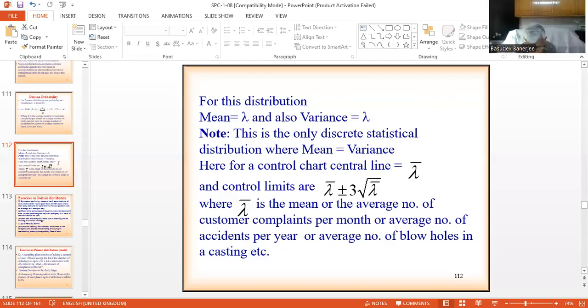Similarly, for Poisson distributions, we have talked about conditions of validity, mean, variance, and all that. Here I'll give you a simple example, page 20-6, 4.4, exercise on Poisson distribution.